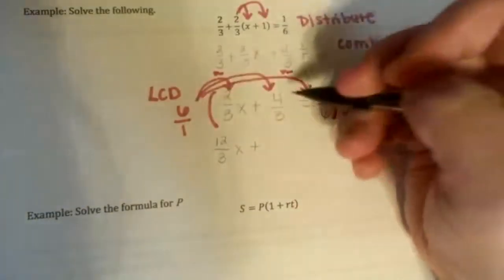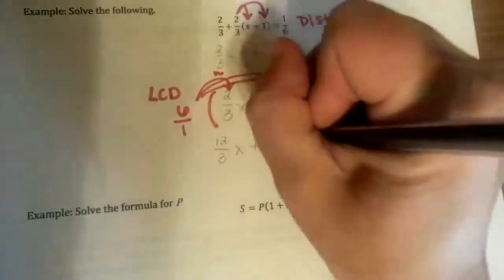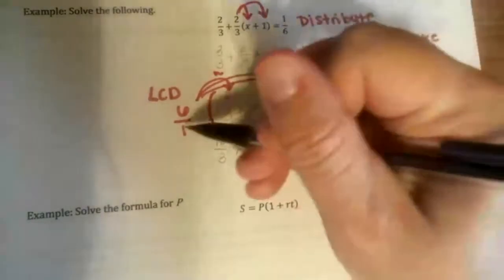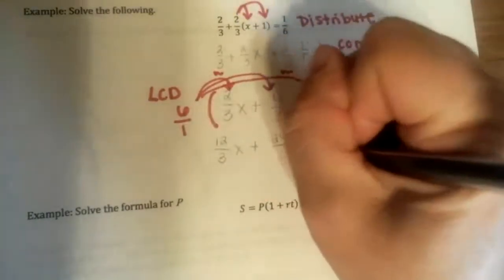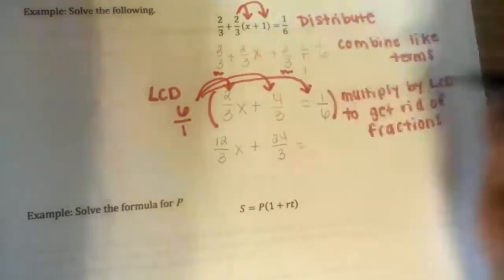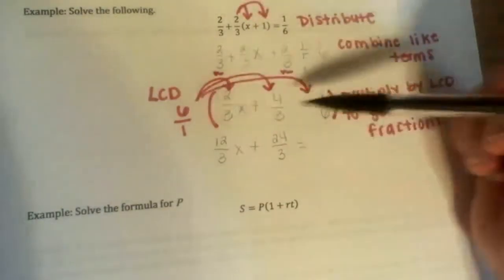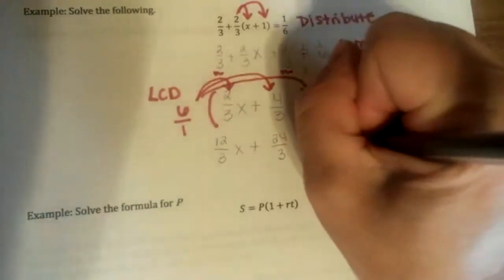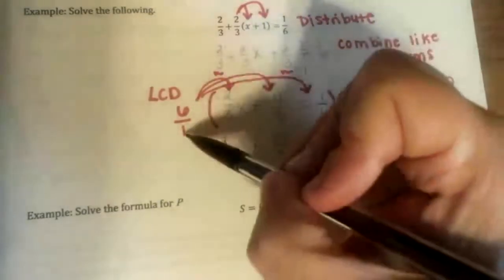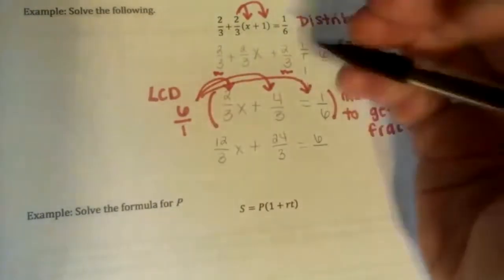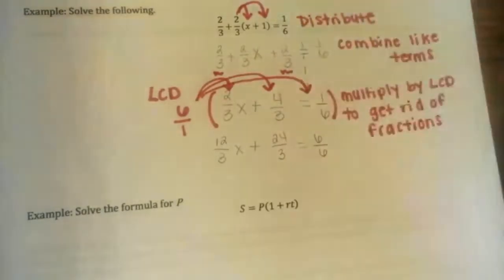So top times top, 6 times 4 would leave us with 24, all over 1 times 3, which would leave us with 3, equals 6 times 1, 6. So top times top, 6 times 1 would give us 6, divided by bottom times bottom, 1 times 6 would give us also 6.